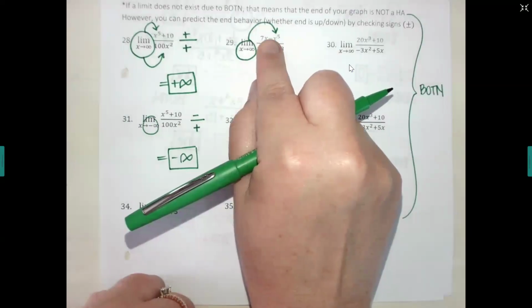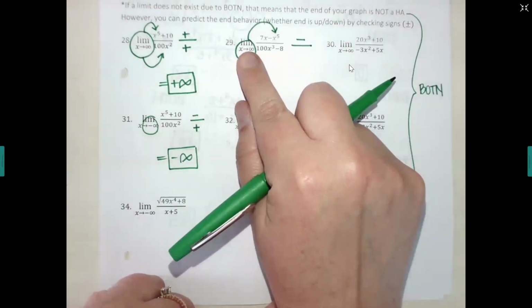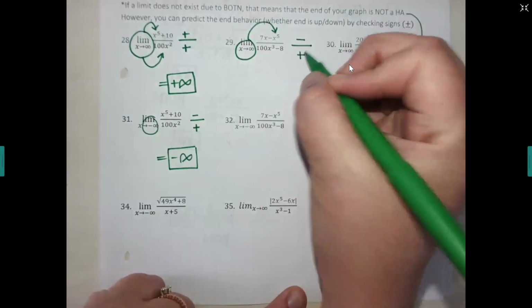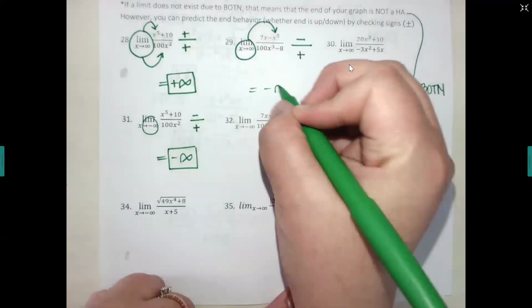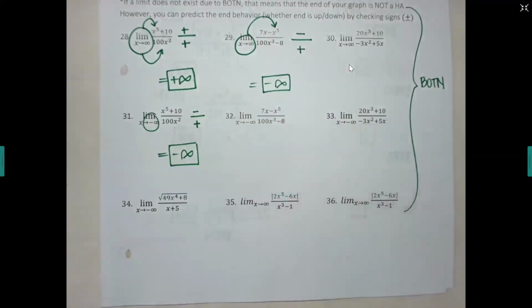How's the top going to come out? Negative. On bottom, I'm taking an infinity and I'm cubing it. That's going to come out how? Positive. What happens when you divide a negative with a positive? Okay, your bottom is a minus infinity then. Okay, but they're all bottom, so they're all either infinity or negative infinity.